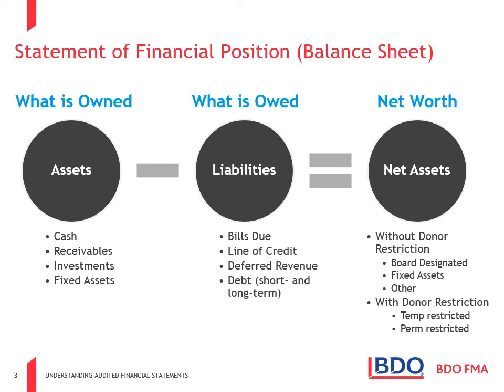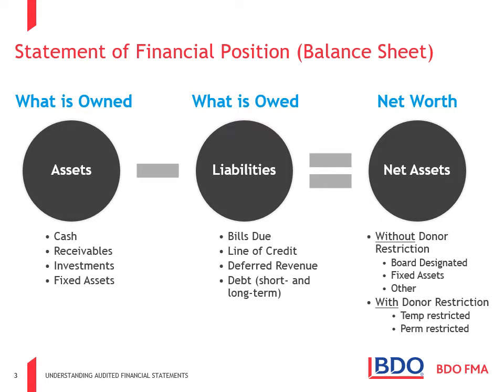The difference between assets and liabilities in the nonprofit sector are called net assets. As we will see, there are different categories of net assets in the nonprofit sector, without donor restrictions and with donor restrictions. And we'll talk about that difference.